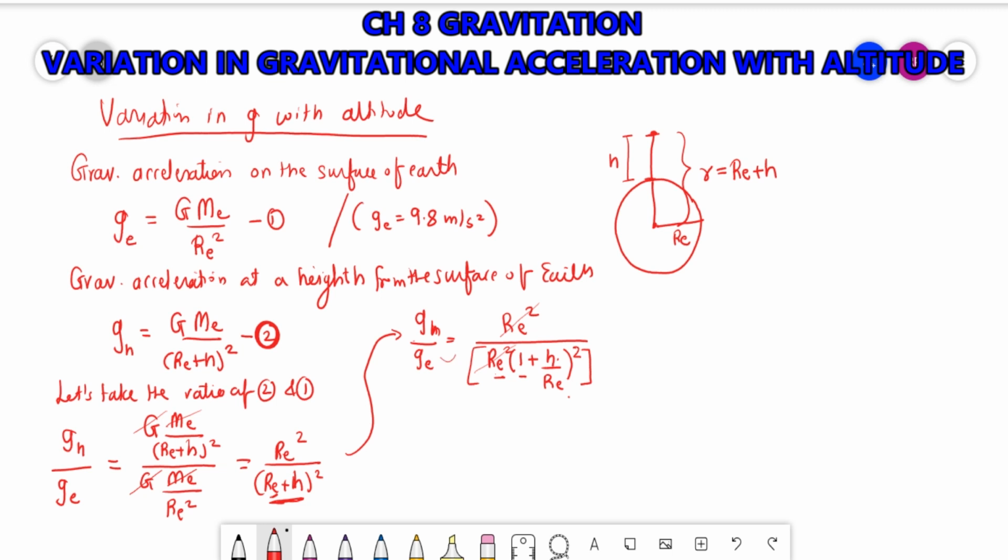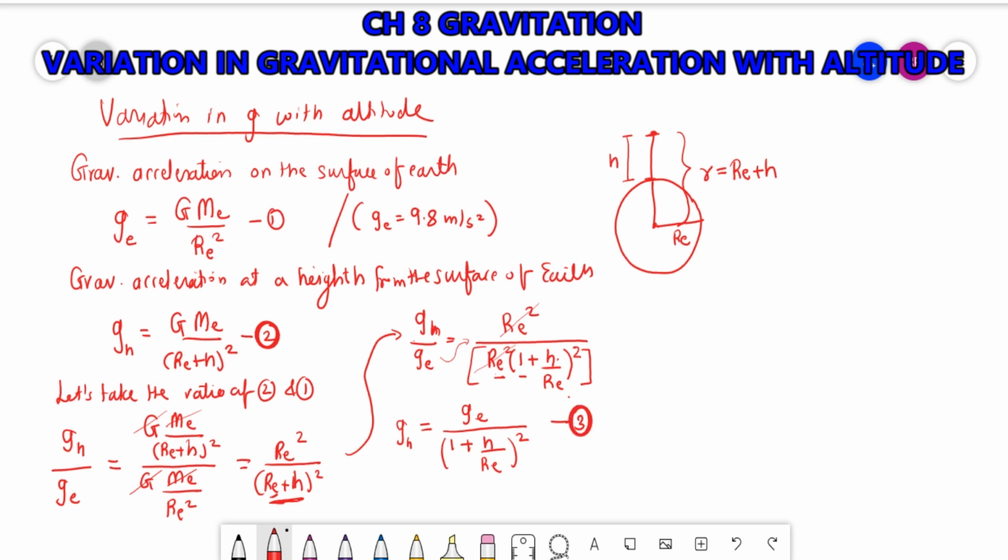Taking GE to the other side, the gravitational acceleration at a height h will be equal to GE upon 1 plus h upon RE whole square. Let's name this equation 3.